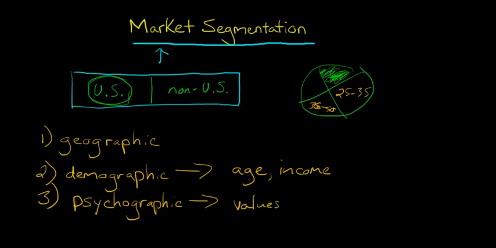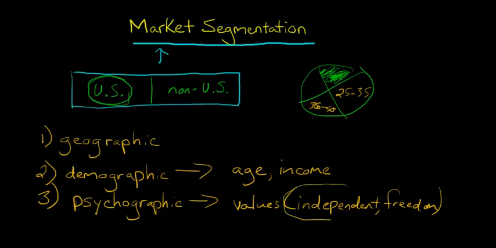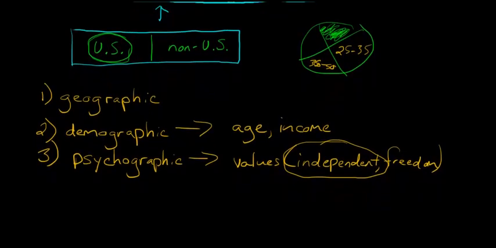Maybe there's one group of people who are really independent, or really value freedom, and you say, these people would really be excited about our brand and what we're trying to do, and we want to go after everyone with this kind of psychographic profile.